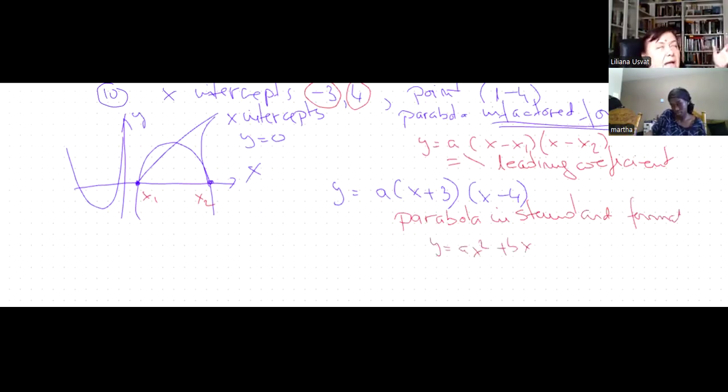So you have to expand the bracket. But before expanding the bracket, we need to find a.